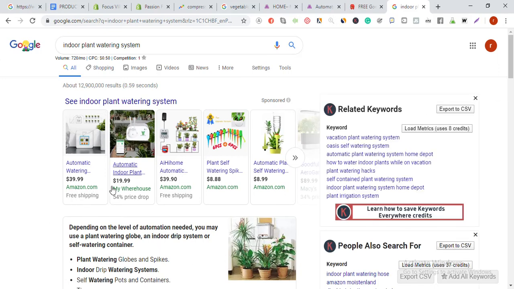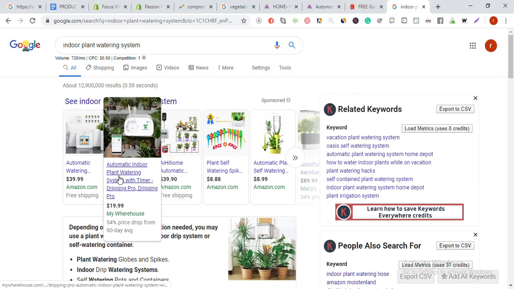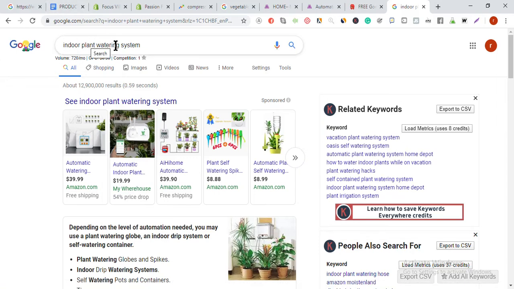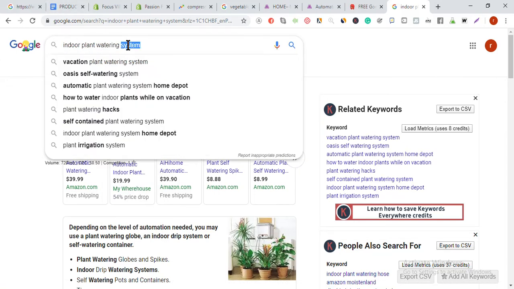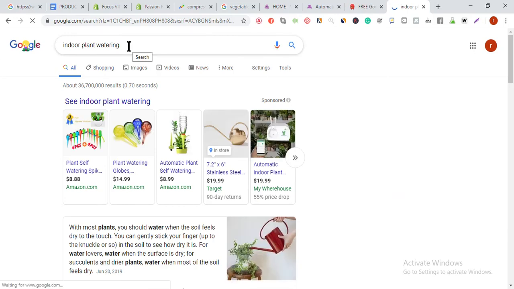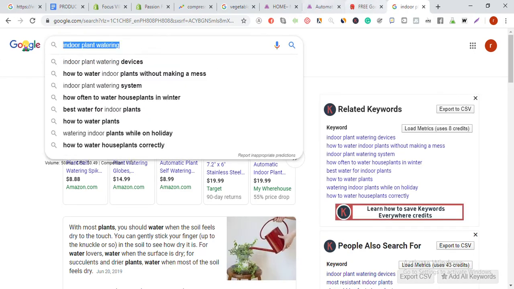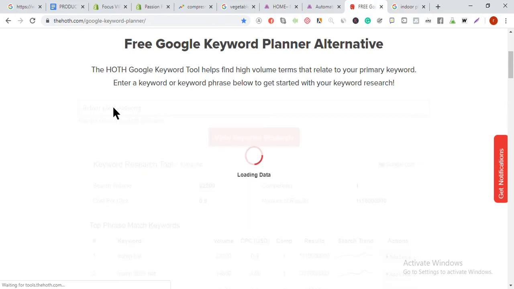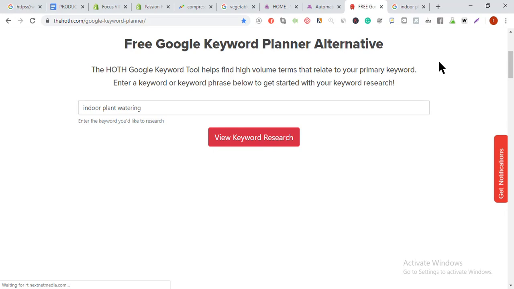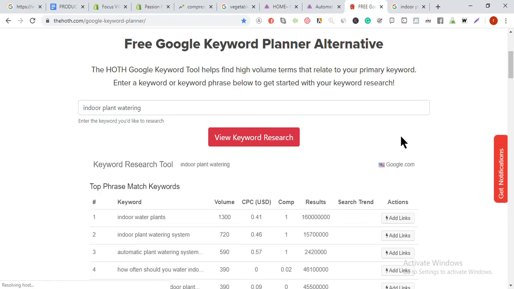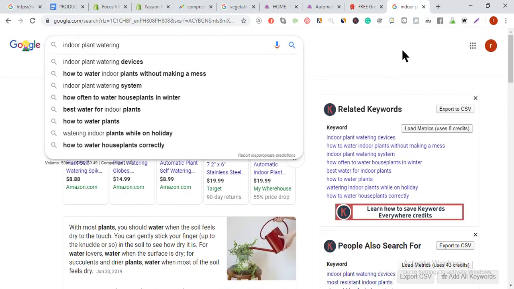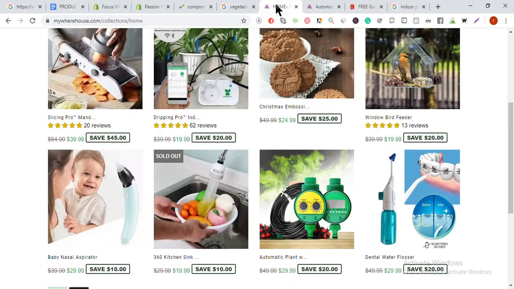So, 39. It's only 19 here. Indoor water plants. Nope. I think it's low. Alright. Let's find another one.